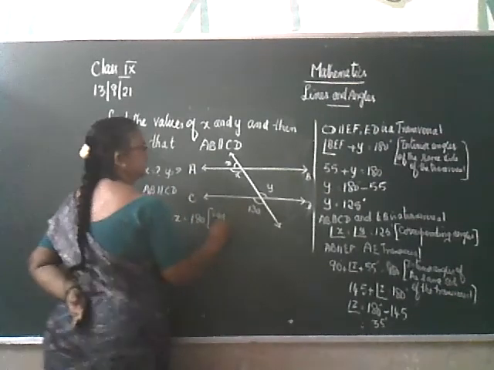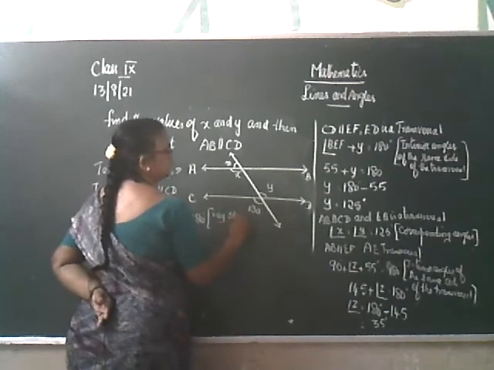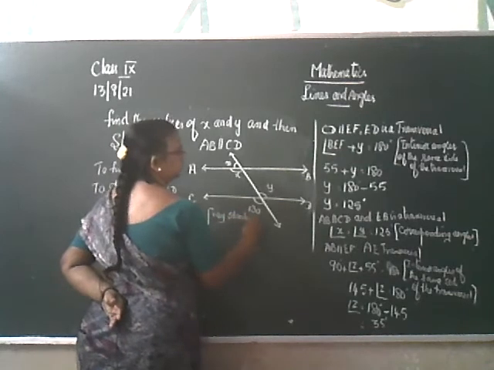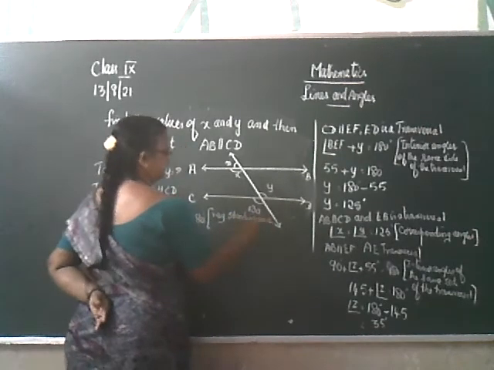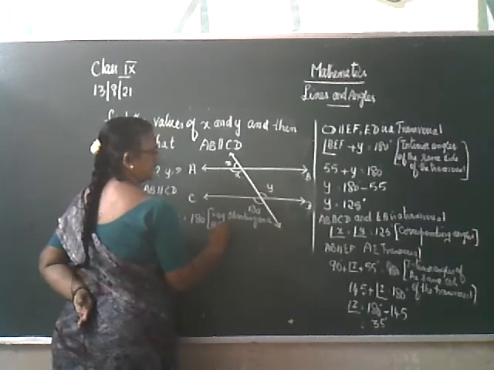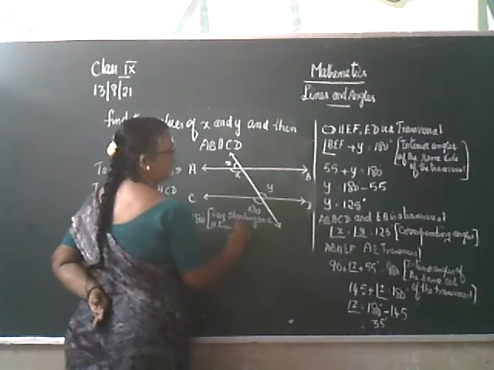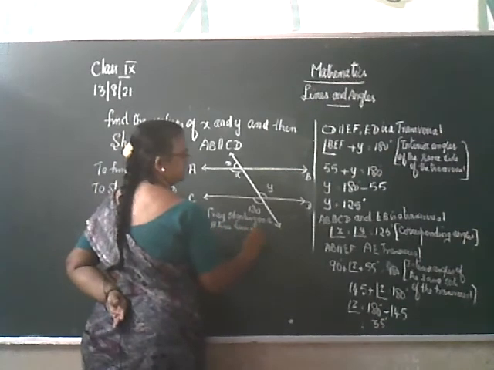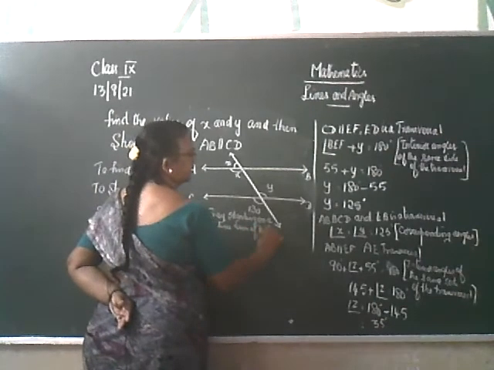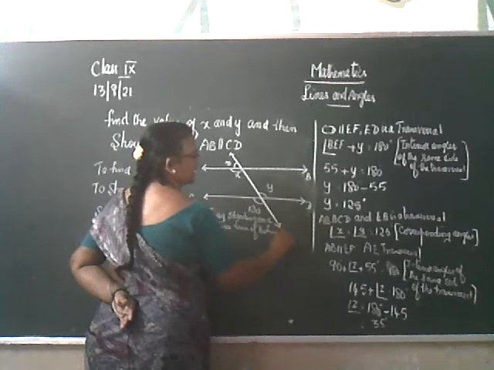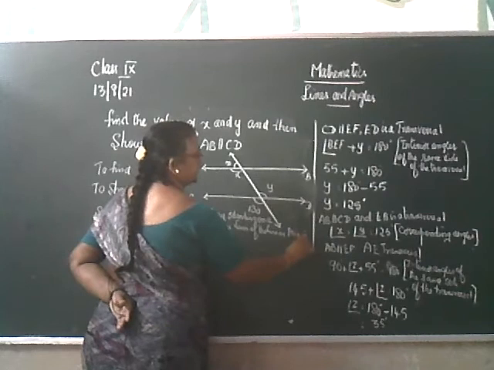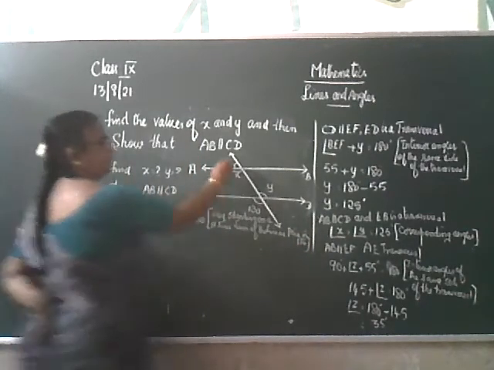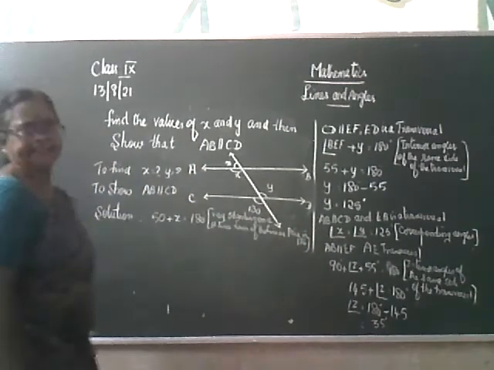Ray standing on a straight line, the linear pair is 180 degrees. So 50 plus x is 180 degrees.